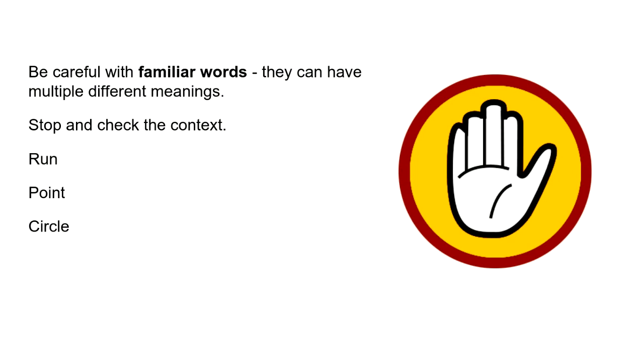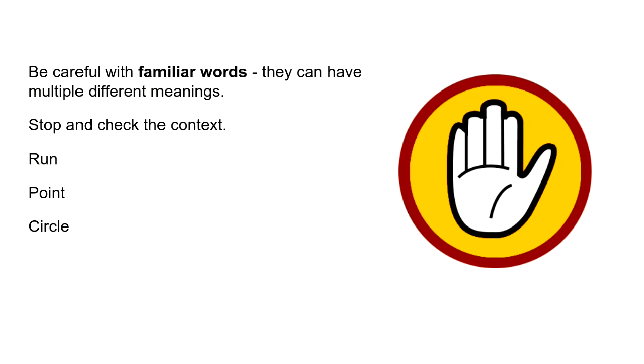That can be a verb. She likes to run. That can be a run in your stocking. That can be he hit a home run. That can be the paint was running down the side of the picture. It can mean a lot of different things. So stop and slow down and make sure you really understand what those simple words are referring to.